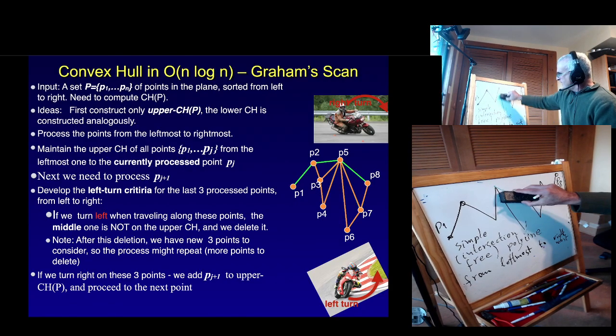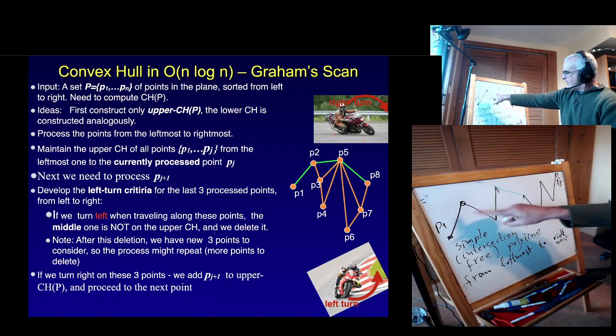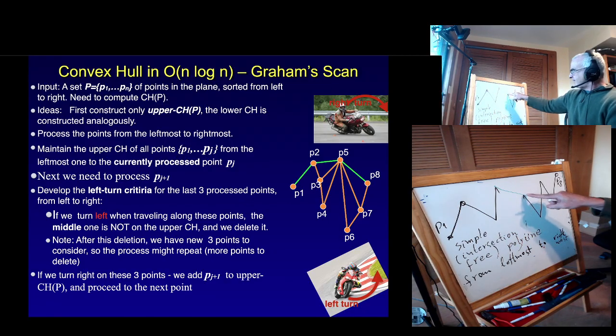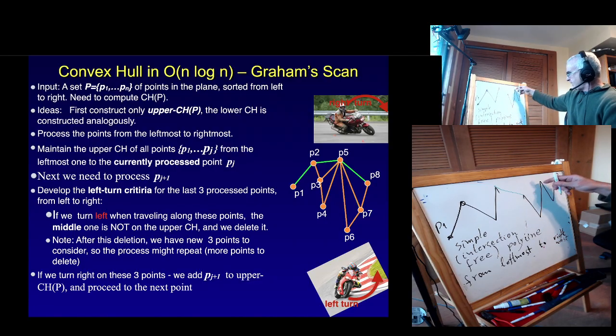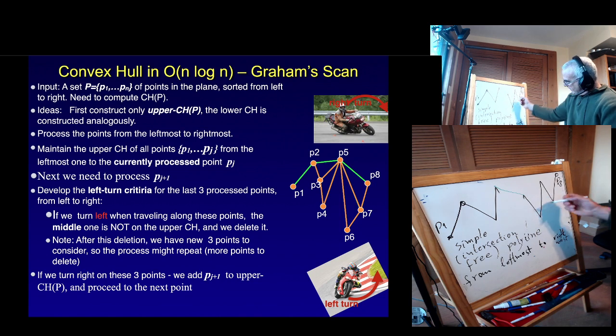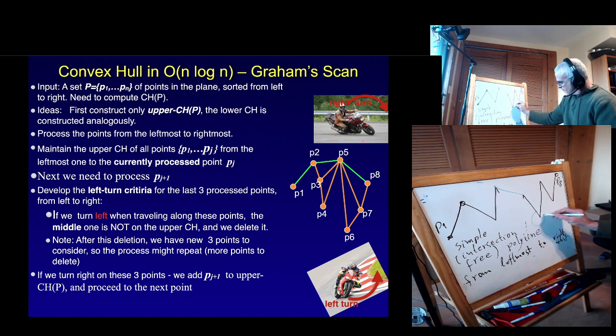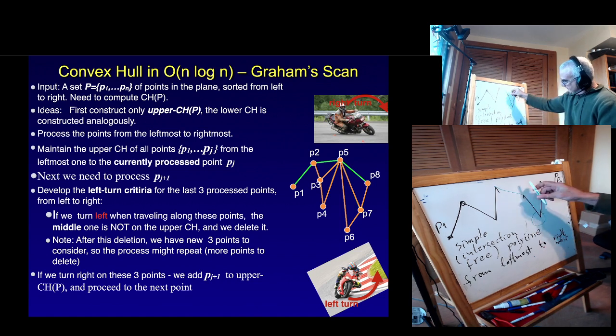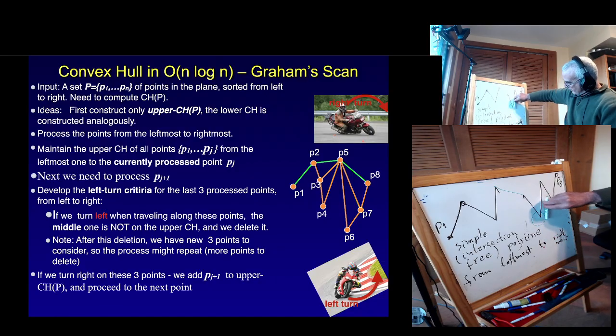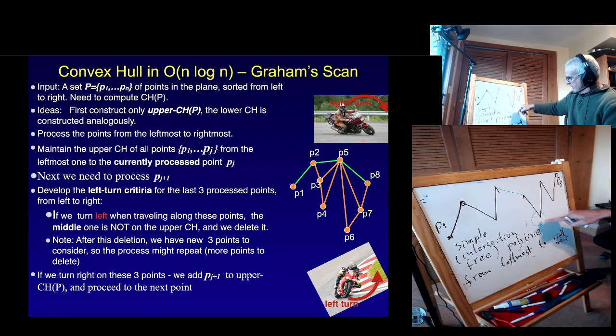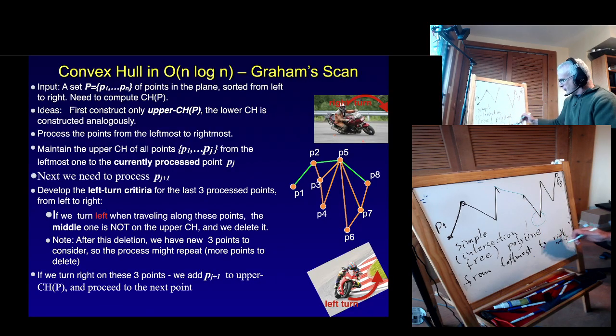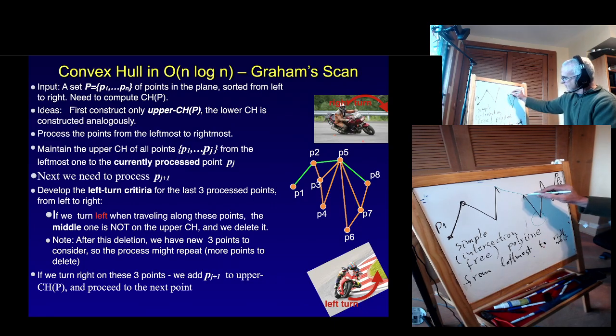The order doesn't matter. Every time that you are walking along this polygonal line and find a vertex at which you are turning to the right, coming from here and turning all the way to the right to reach this vertex, this should not be on the upper convex hull, so just shortcut through this vertex.